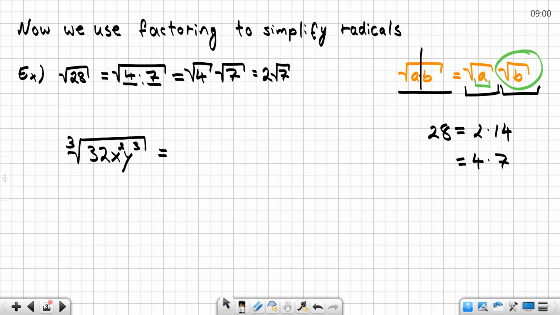The difference here is that I'm not looking at perfect squares, I'm looking at perfect cubes. So I have to look at everything underneath my radical sign, and I'm planning on putting perfect cubes here times the rest that I will just collect. So I first look at the number 32. The number 32, one moment, is there a perfect cube in there?